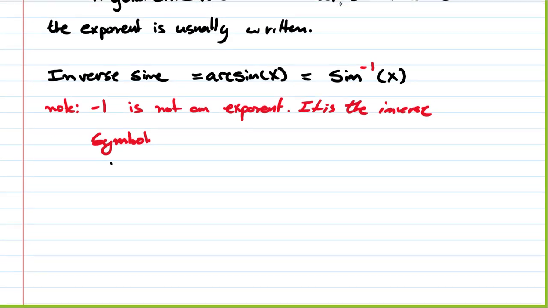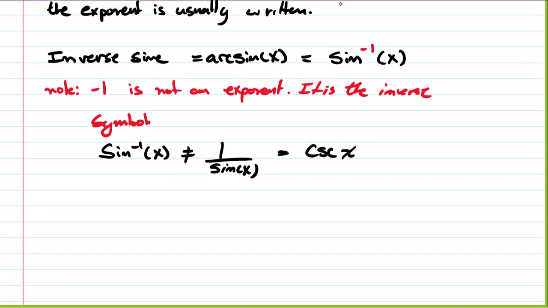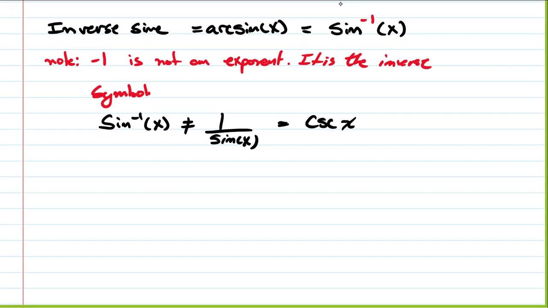So we know that the sine inverse of x does not equal 1 over the sine of x. In fact, if we wanted 1 over the sine of x, that explicitly has its own symbol, right? So 1 over the sine of x is the cosecant of x. So whenever we have a negative there, we know it's not an exponent.